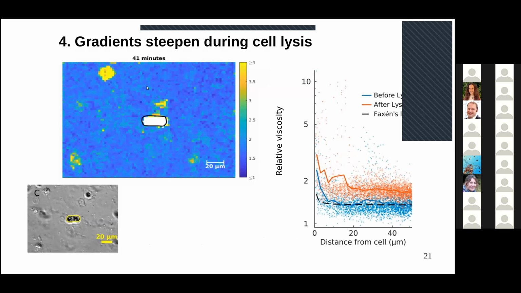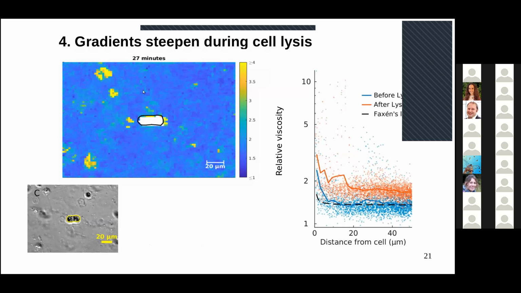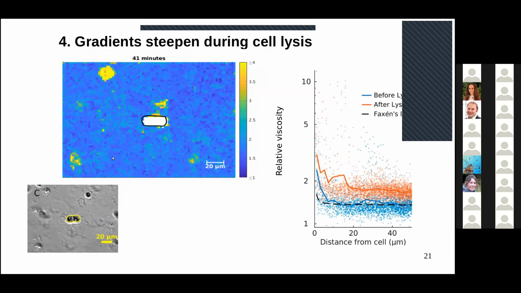This is just an example video or GIF showing these viscosity maps around a Chaetoceros cell that was lysed using this method, and the frames are about 20-25 minutes apart. You can see how, in general, there's this kind of lump of viscous material that is going out of the cell.